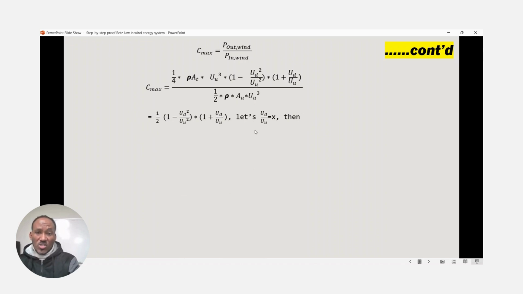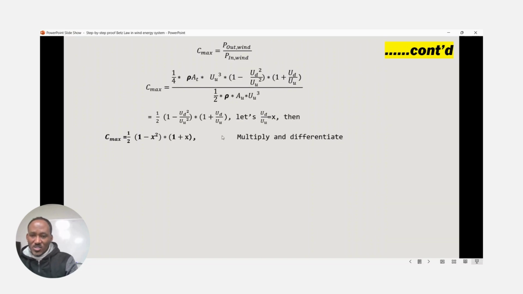Then for more simplification, let's assume U_D over U_U is equal to X. Then substitute X in this equation. The equation of efficiency becomes 1 over 2, open bracket 1 minus X squared, close parenthesis, times open parenthesis 1 plus X, close parenthesis.